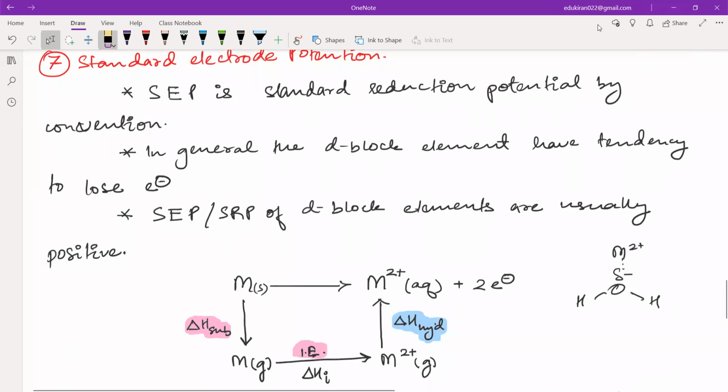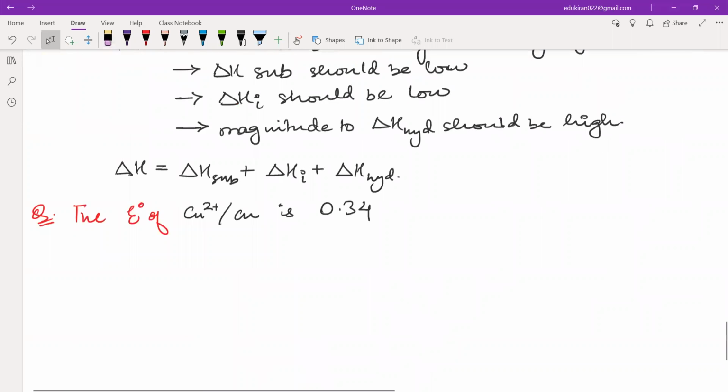Yeah, correct. This is positive, correct. Cu2 plus to Cu is 0.34 volt. Okay.